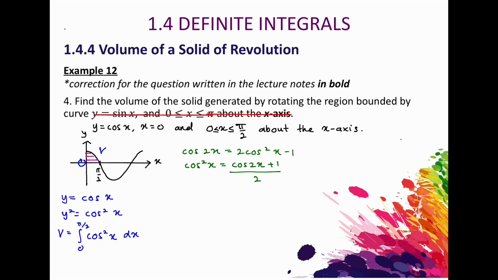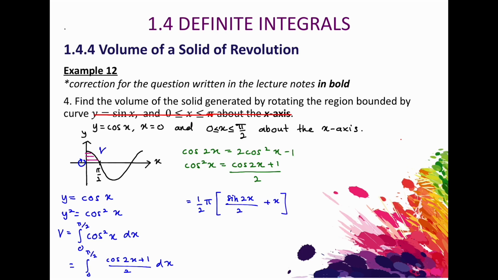Now we're going to integrate this, from 0 up to pi over 2, of (cos 2x plus 1) over 2 dx. Integrating that, we have 1 over 2 pi times sine 2x over 2, differentiating 2x we get 2, plus x.